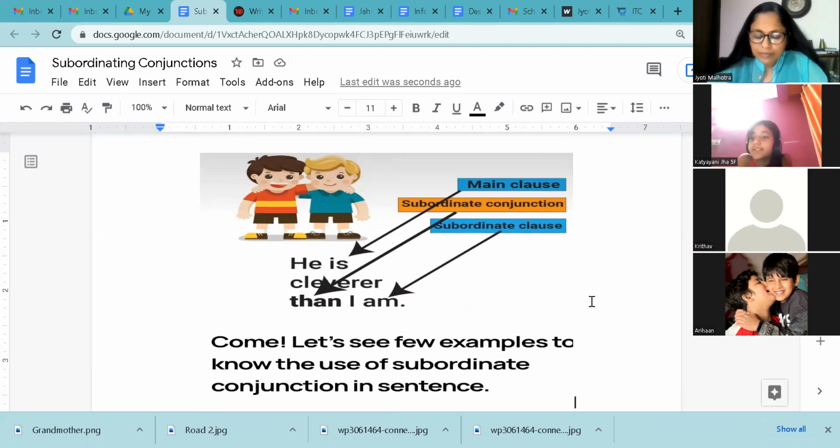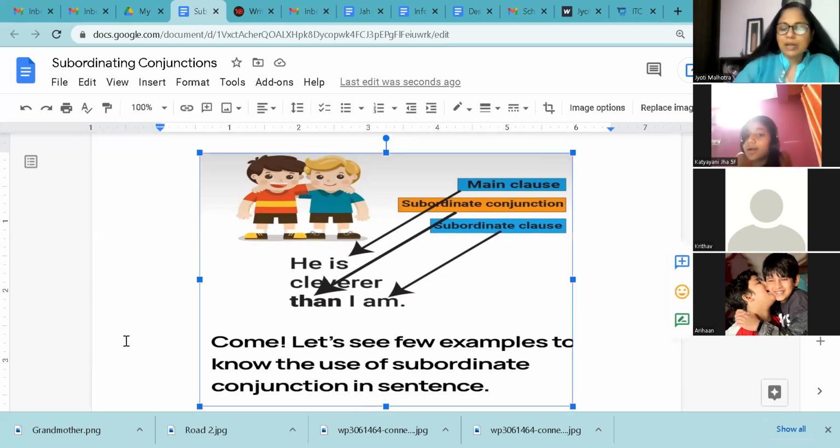Let's see a few examples to know the use of subordinating conjunctions in a sentence. Go ahead. He is cleverer than I am. Okay, let's see some more examples now.